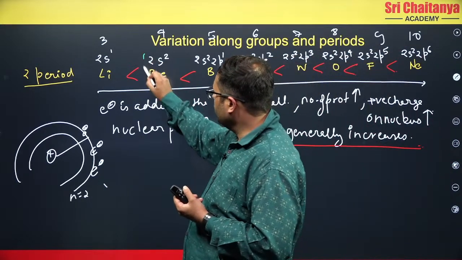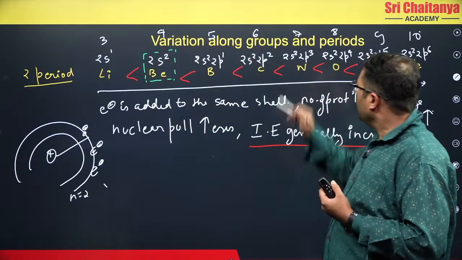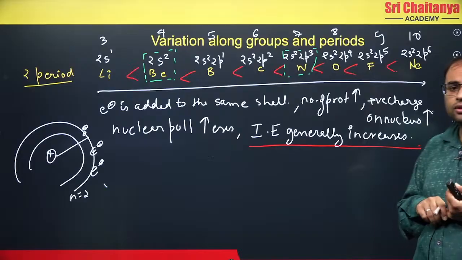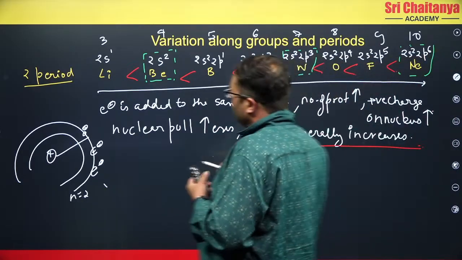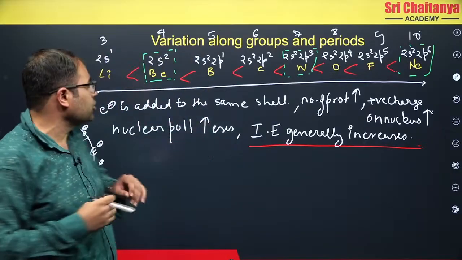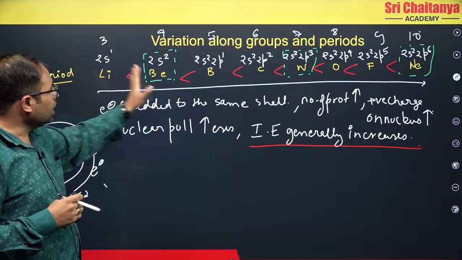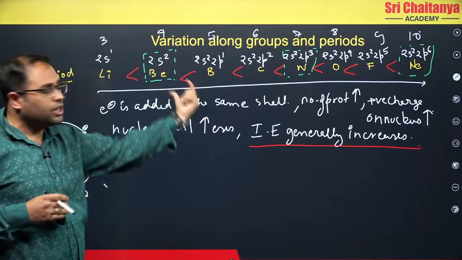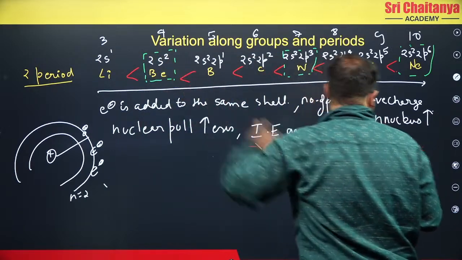See, this is fully filled, and this is half filled, right? This is fully filled. Wherever you are having fully filled or half filled configurations, simply I am telling you to invert the arrow which comes after that configuration. So, this is the fully filled configuration, invert this arrow.